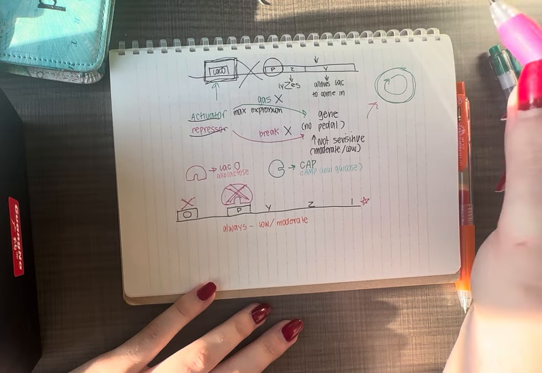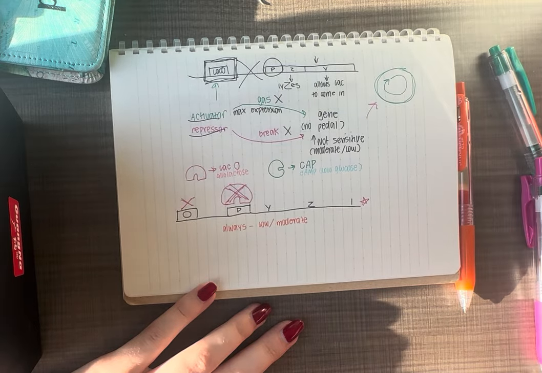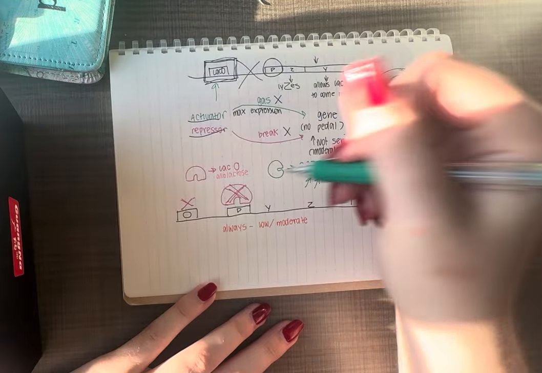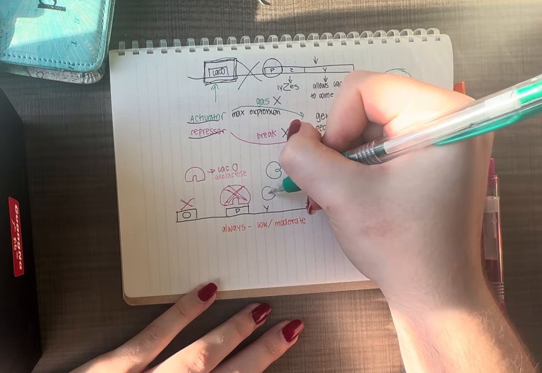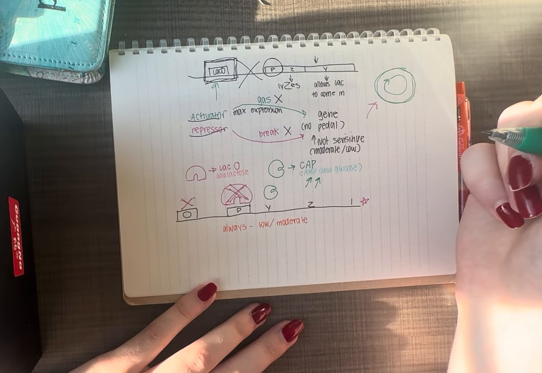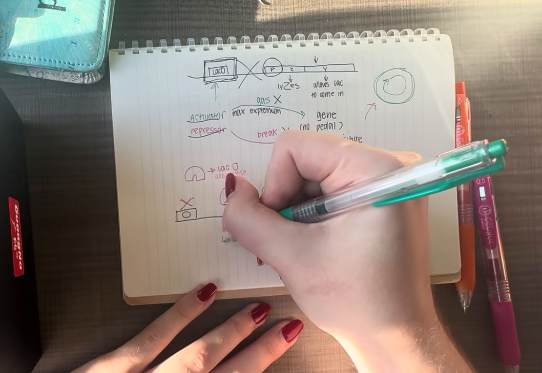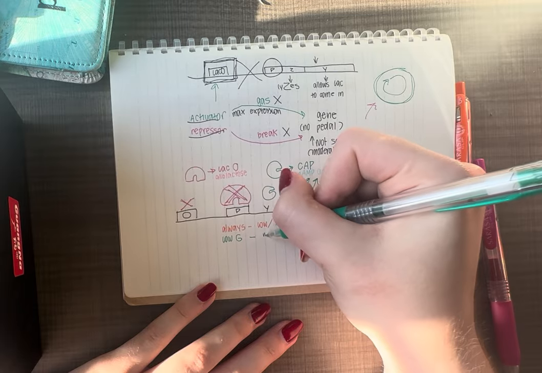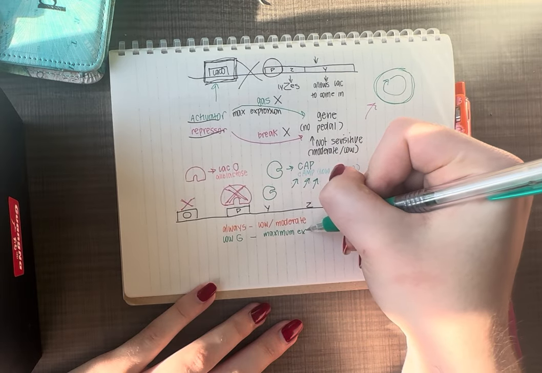But, regardless of allolactose, if you're in an environment that has low glucose, regardless of if the repressor is working or not, you're going to have the action of the activator because you have low glucose. So if you have low glucose, you can have maximum expression.